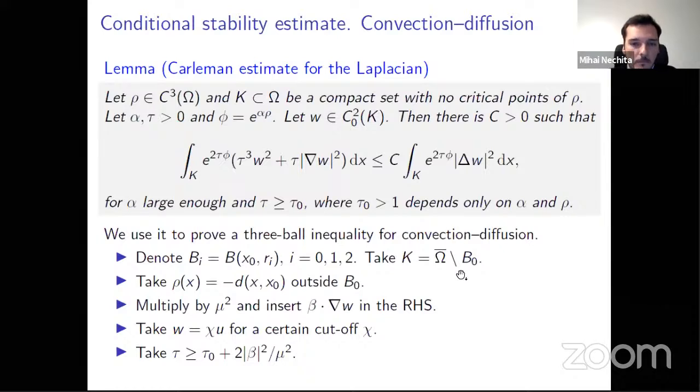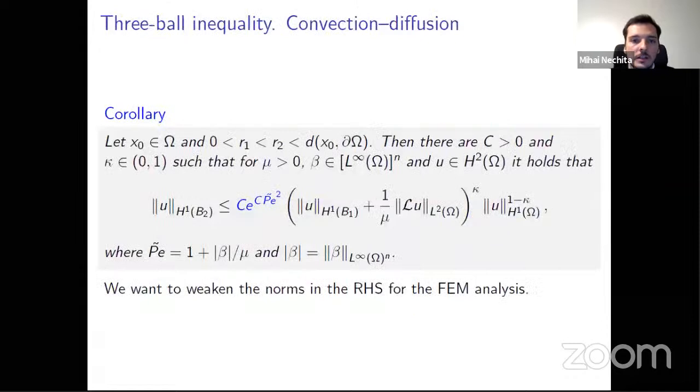So without going too much into the details, the rough idea is that by taking suitable weight functions, and importantly, a large enough parameter tau, one can then use this inequality to arrive at a three-ball inequality. So here, the domains that I mentioned at the very beginning, the one in which we have data, the one where we want to reconstruct the solution, are now balls. That's why this is called the three-ball inequality.